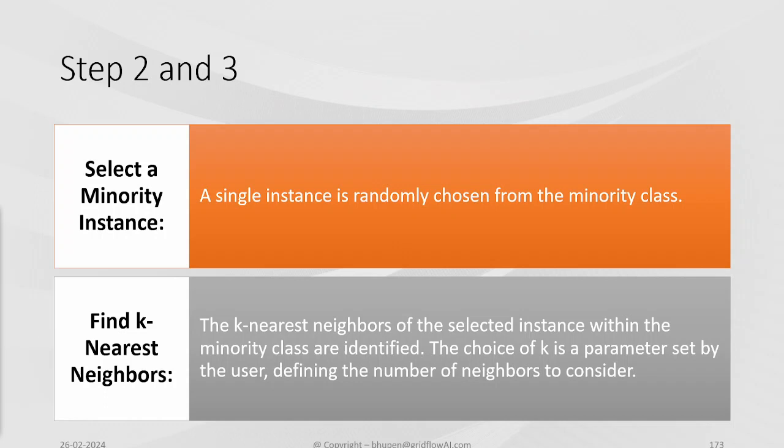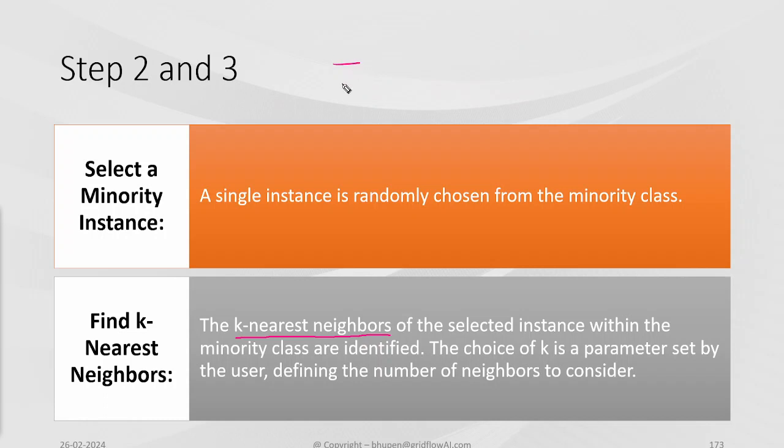Now we will apply an algorithm called the nearest neighbor algorithm. That means from the existing data set, we will pick the nearest neighbor for the randomly chosen data in the minority class. This is again a machine learning model, but let me illustrate how it actually works.